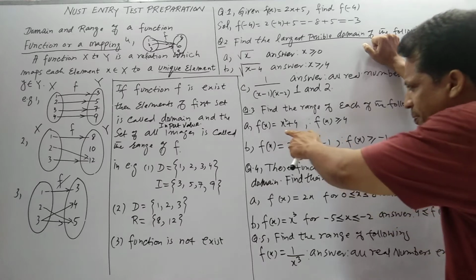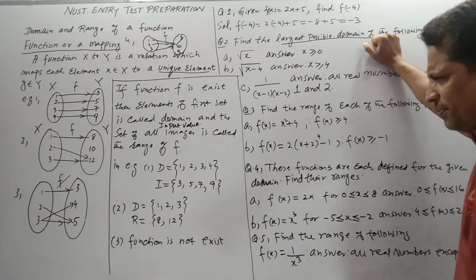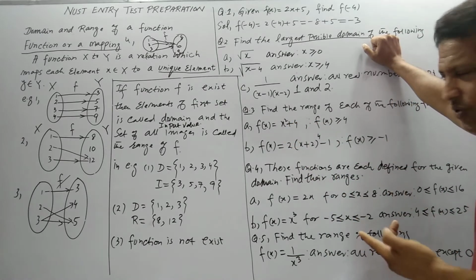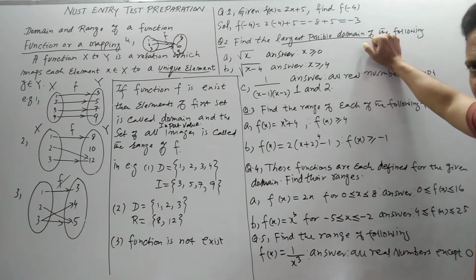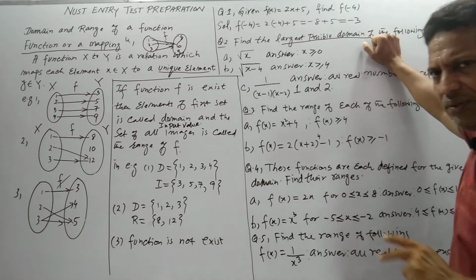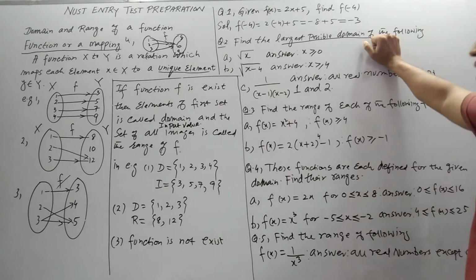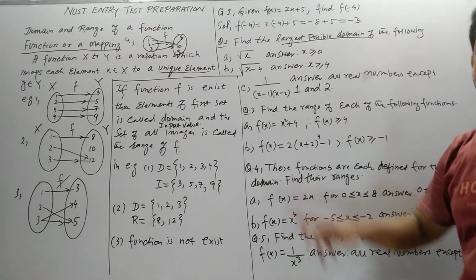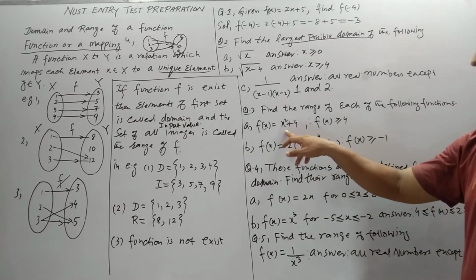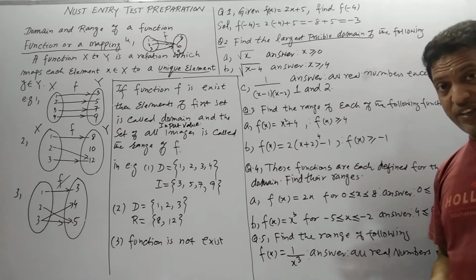If I put, for example, minus 2 over here, the square of minus 2 is plus 4, plus 4 plus 4 is 8. So I can put any value, whether minus or plus. The answer is always greater than or equal to 4. Greater than, why? Because if I put a negative value, the square of a negative value is always positive.